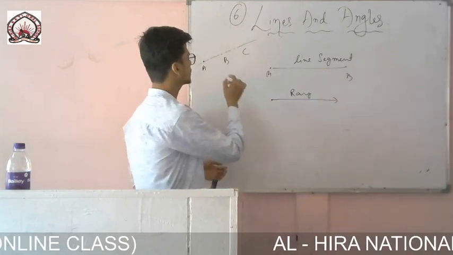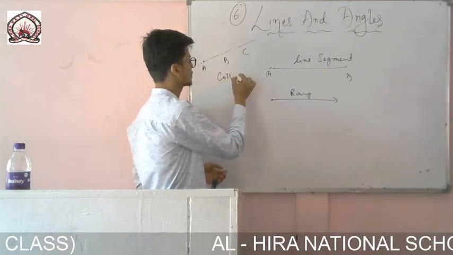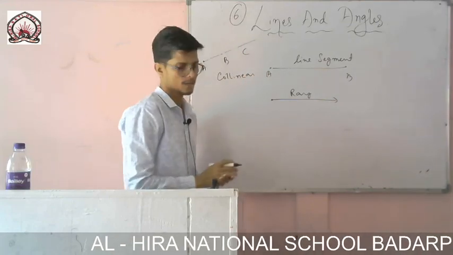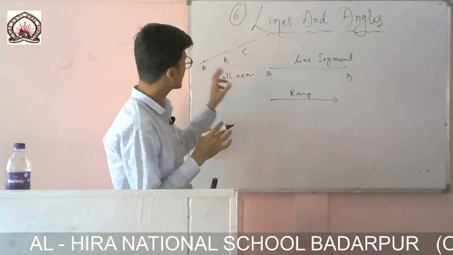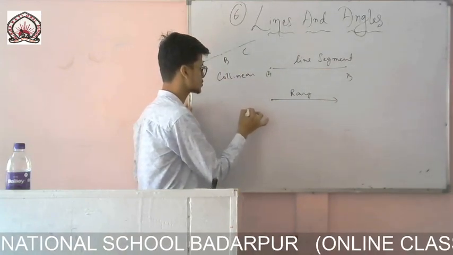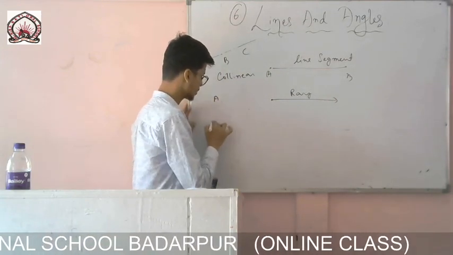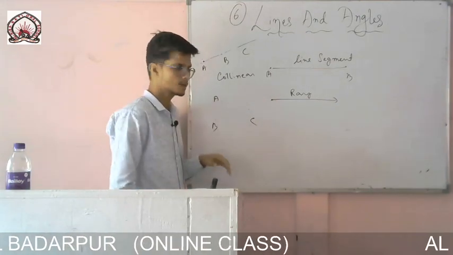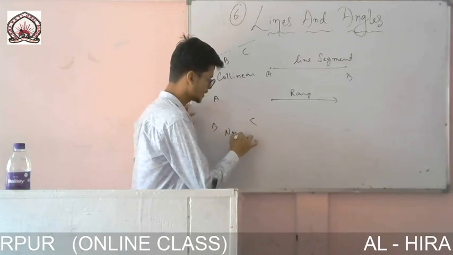So we can say that these points are collinear. If they don't lie on the same straight line, for example, one point A, another point B, another point C, they are not on the same straight line, so they are non-collinear.